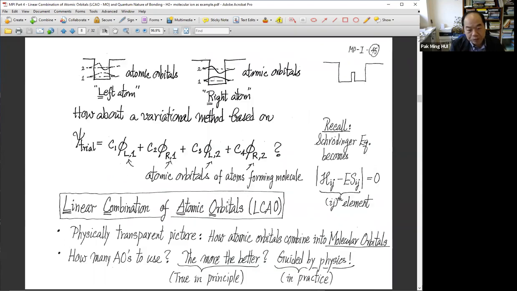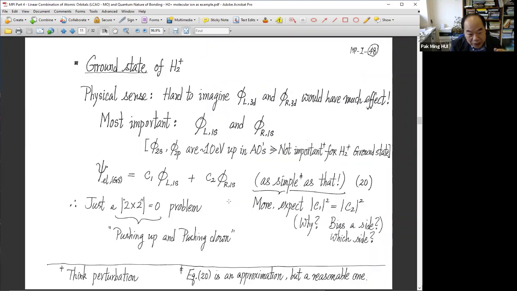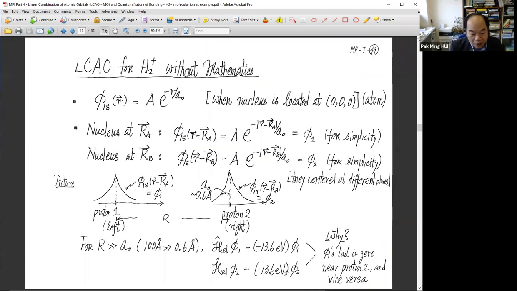So let me go to the hydrogen page. We have a hydrogen on the left side, and we use a 1s. This is the 1s ground state wave function, given to you in the midterm problem 6. So this is the 1s on the left, and we have a 1s on the right.